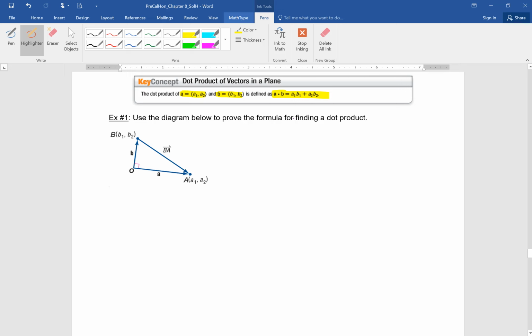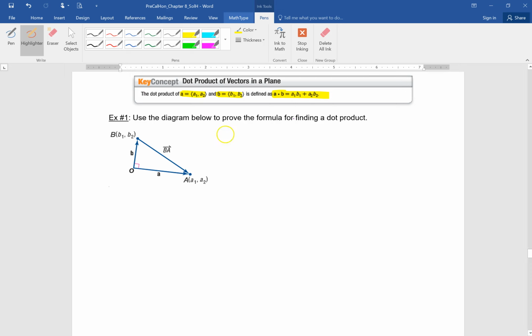Okay. So we're going to derive this formula for the dot product. Okay? We're going to derive the formula for the dot product using the distance for BA. All right? So here you have two points, B and A. How do we find the distance between two points? Distance formula.